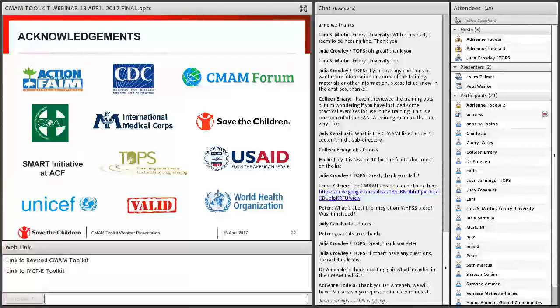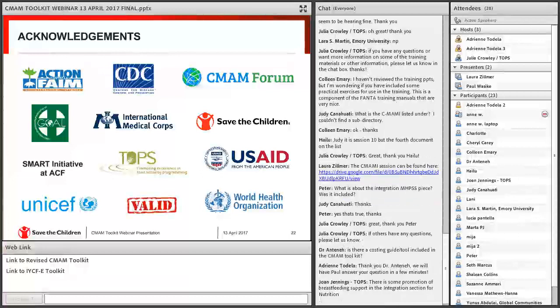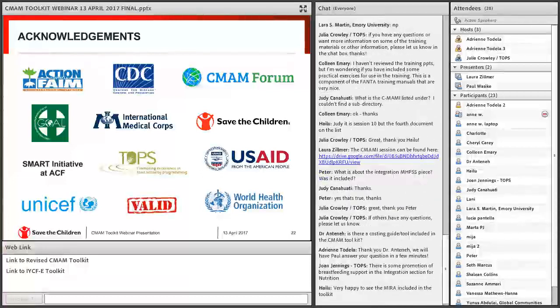We hope to continue working along with them. And then WHO guidelines that are available for use, just to recognize them as well. So that's more like the composition of people, or organizations, that directly or indirectly supported the revision process of the toolkit.